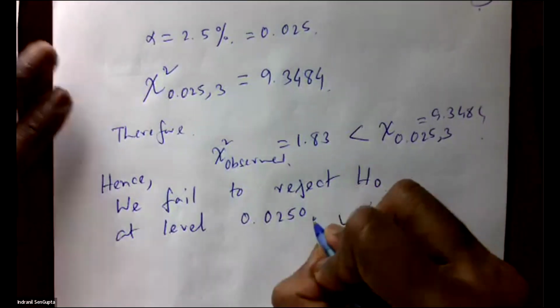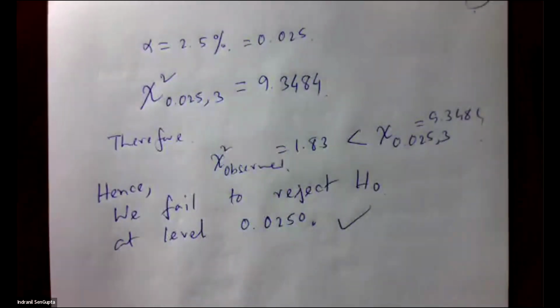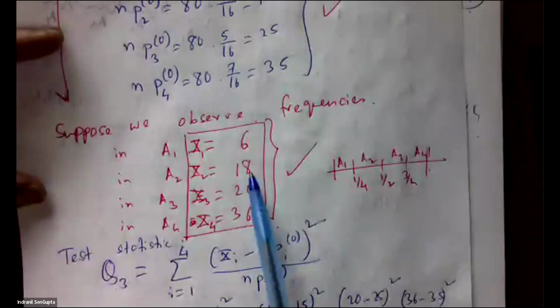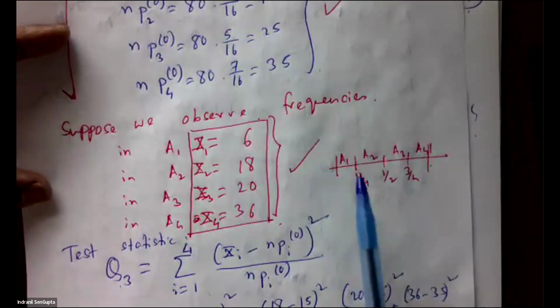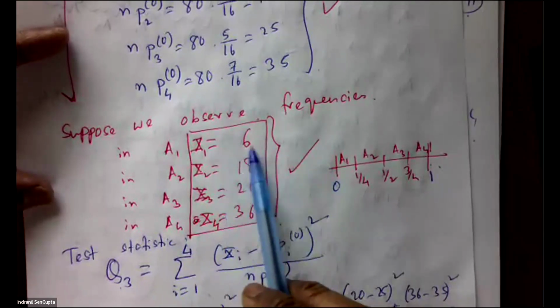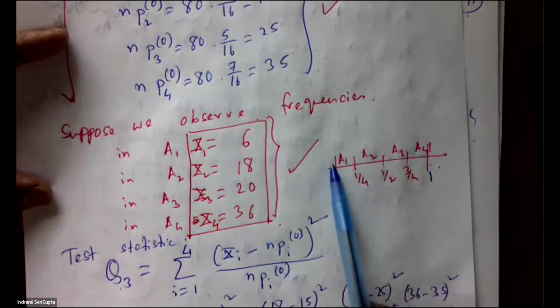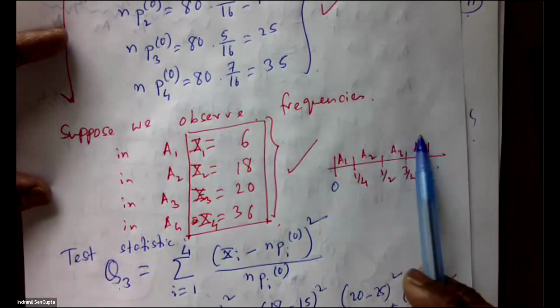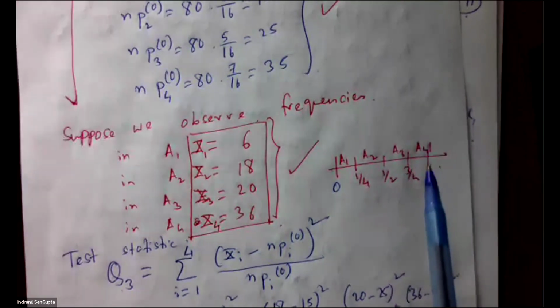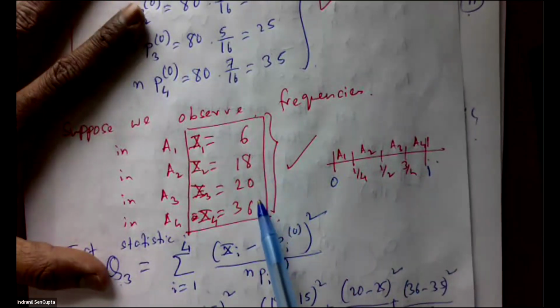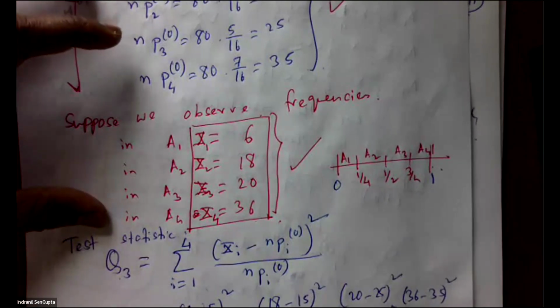Okay. So what is the conclusion? The conclusion is that suppose you randomly pick points from the interval 0 to 1, and you see this bunch of numbers. Maybe you listed how many times it appears in A1, how many times in A2, in A3, and in A4. If you get, say, 6, 18, 20, and 36, then what is your conclusion?